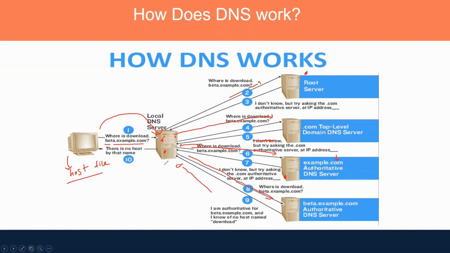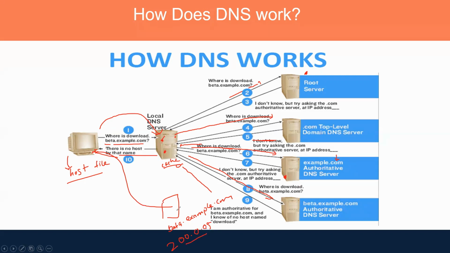The local DNS server would create the cache for that reply, and would reply to this system as well. So the system would get the IP of beta.example.com, and wherever it is located on the internet, it is going to reach there directly. So let's say beta.example.com is here, which got the IP 200.0.0.5, something like this IP.